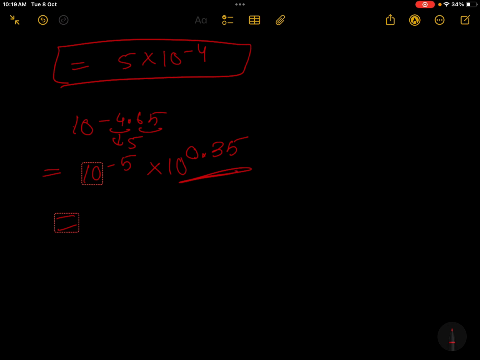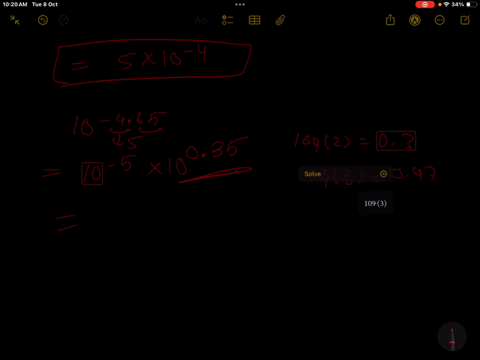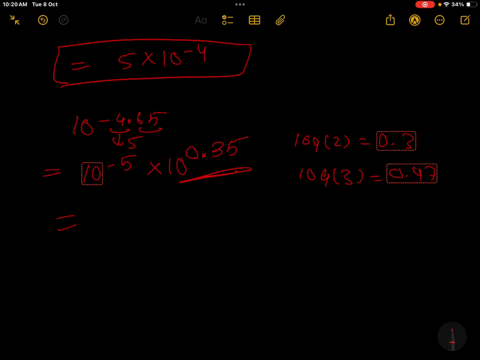Now 0.35 corresponds to which value of log? So 0.35 is basically in between log 2 and log 3. We know that log 2 is 0.3, log 3 is 0.47. Now 0.47 is far away from 0.35.